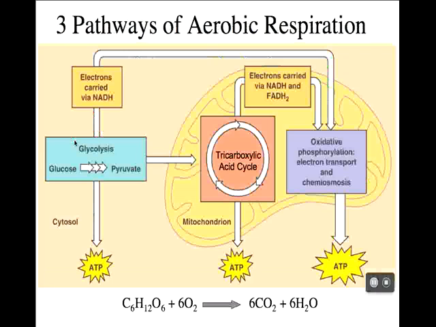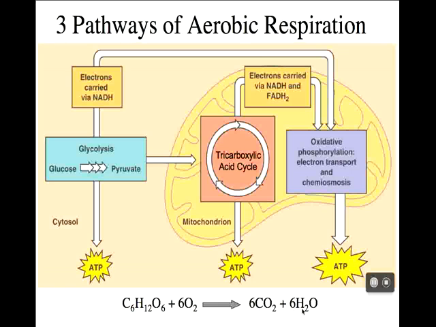The basic pathway here for aerobic respiration is one that we've already seen. This is the basic chemical reaction of aerobic respiration, where you take 1 glucose and 6 oxygens and turn it into 6 carbon dioxides and 6 waters. That's the basic aerobic respiration reaction that encompasses all of that activity.